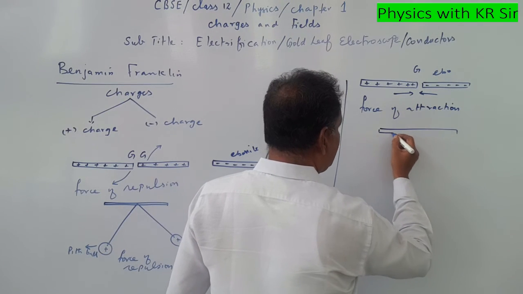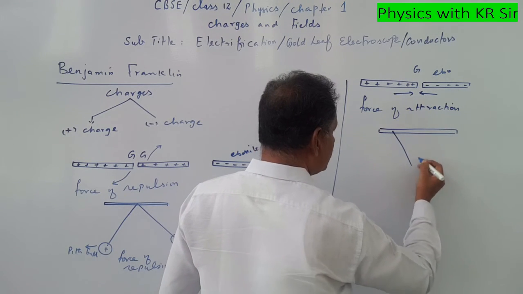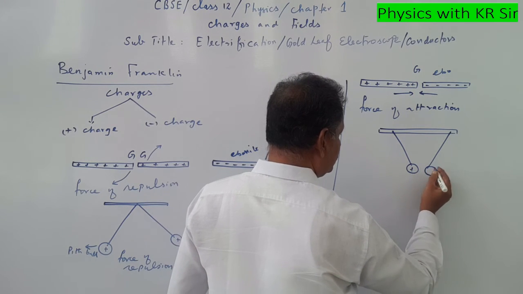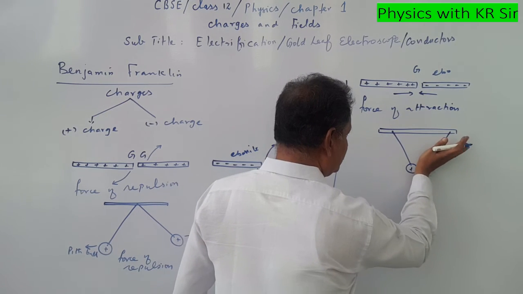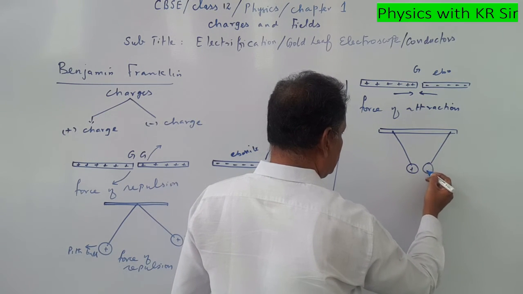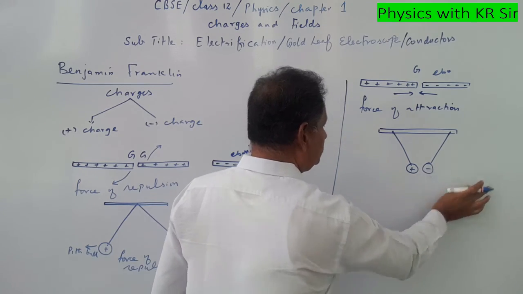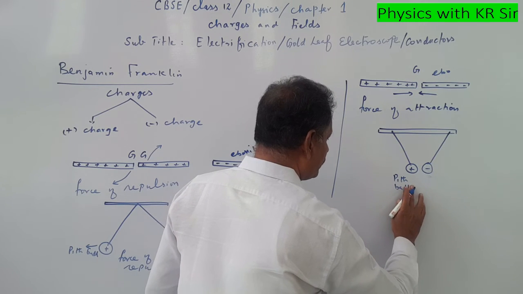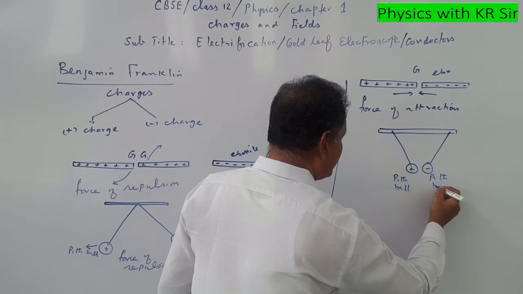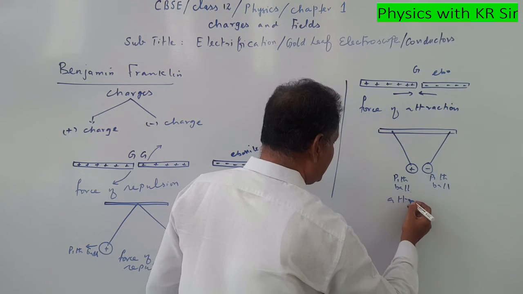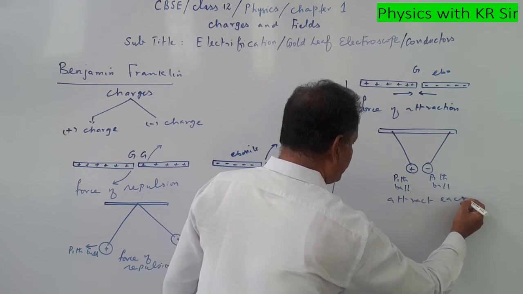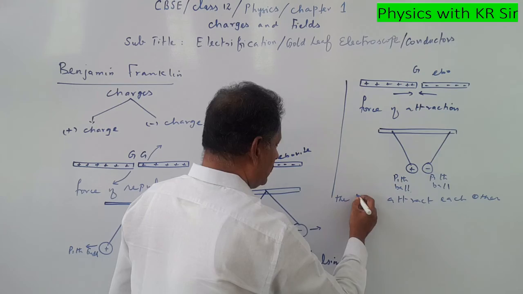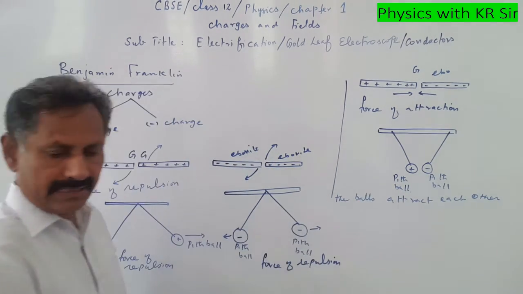That can be shown by taking two pith balls, one plus, one minus. Now the two pith balls attract each other.